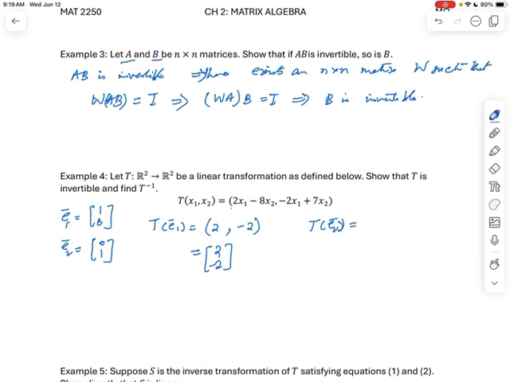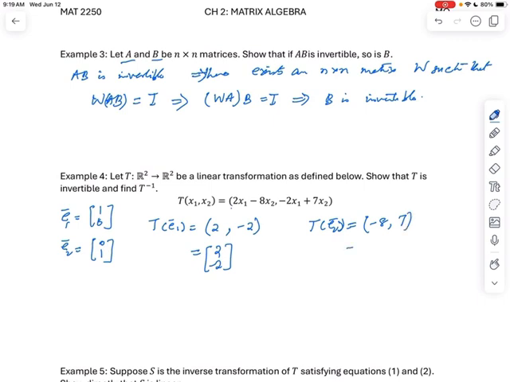The first coordinate gave us negative 8 because in E2 the x1 is 0 and x2 is 1, so we are getting negative 8 comma 7, which is the vector negative 8, 7.